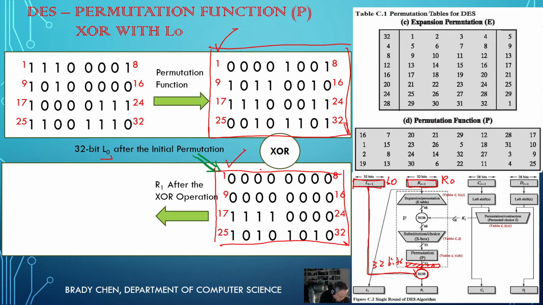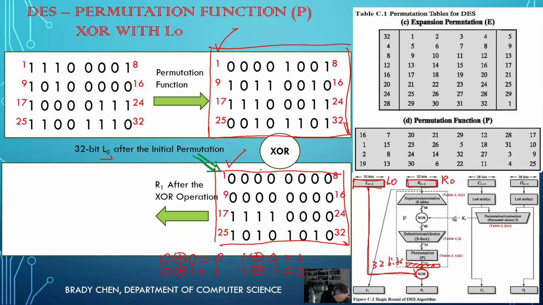So now again, the exclusive OR operation is defined as: if we have a 0 exclusive OR with 0, we get a 0. 0 exclusive OR with 1, we get a 1. A 1 exclusive OR with 0, we get a 1. And a 1 exclusive OR with 1, we get 0.